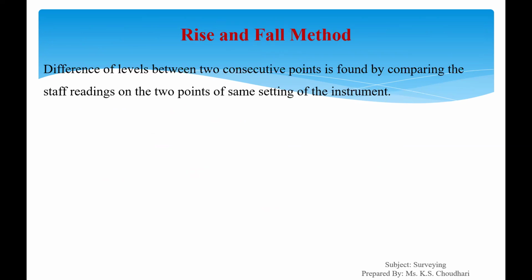Rise and fall method. The difference of level between two consecutive points is found by comparing the staff readings on the 2 points at the same setting of the instrument.